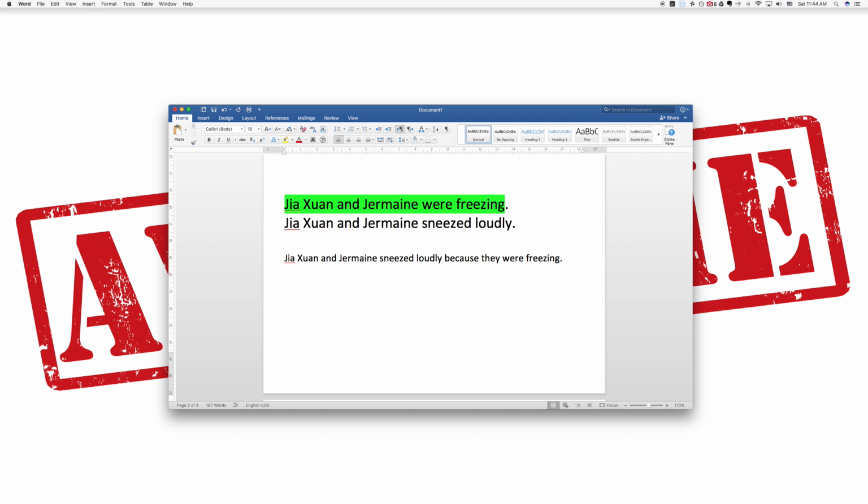Now take note here that you must be very, very careful because when you transfer your answers, the tense of the sentences must remain the same. Many of you are a little careless, so you might change were to are, and the moment you do that, you've changed the meaning of the sentence and it will be wrong.